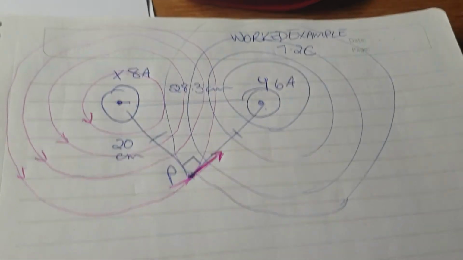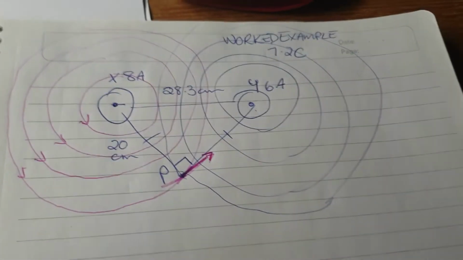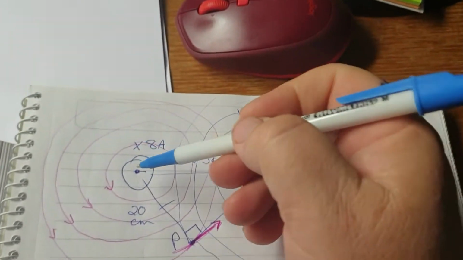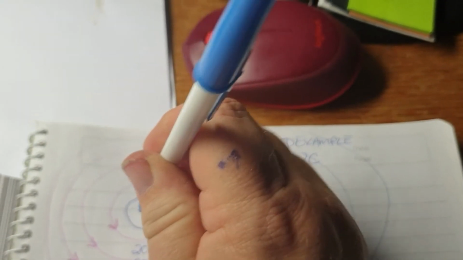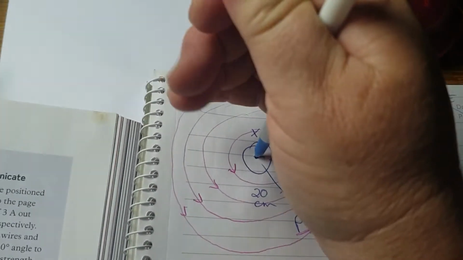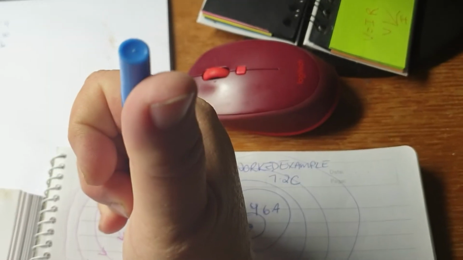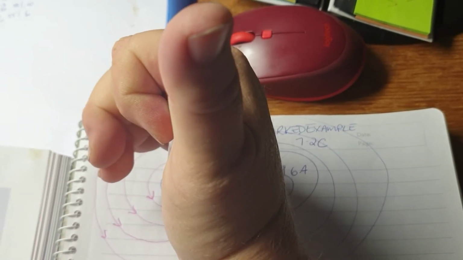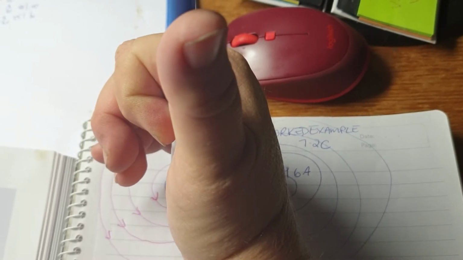So here it is. We have got two wires coming up out of the page like this. Let me balance that. Right hand rule: thumb in the direction of the current, up out of the page, fingers round in the direction of the magnetic field.